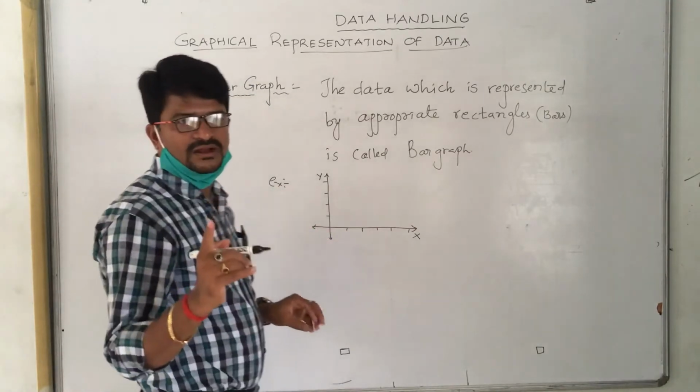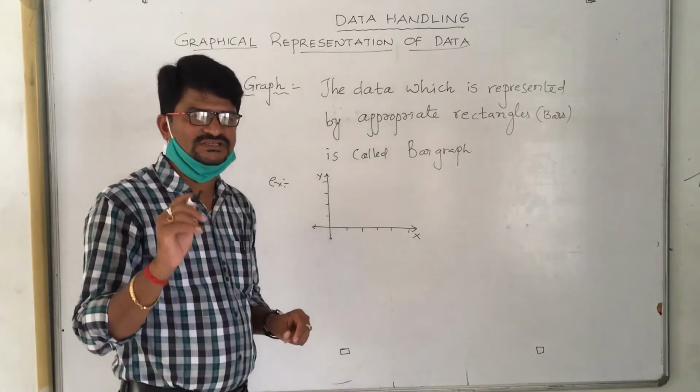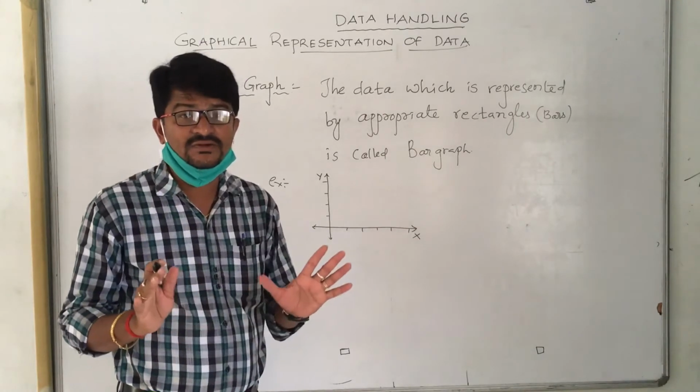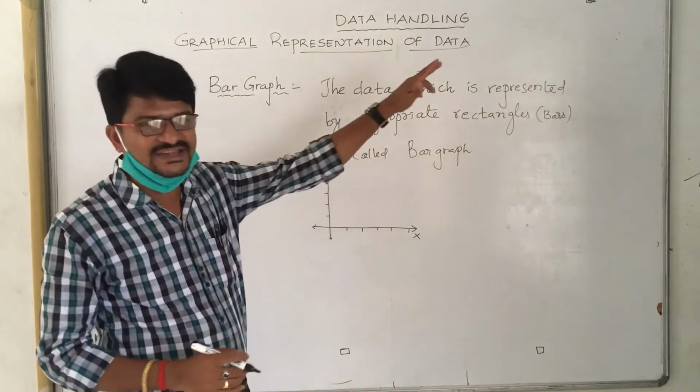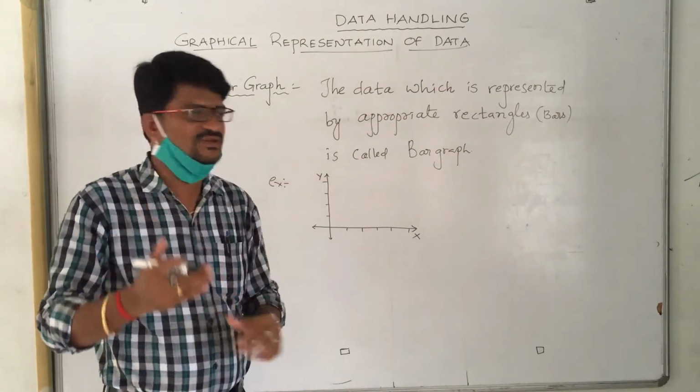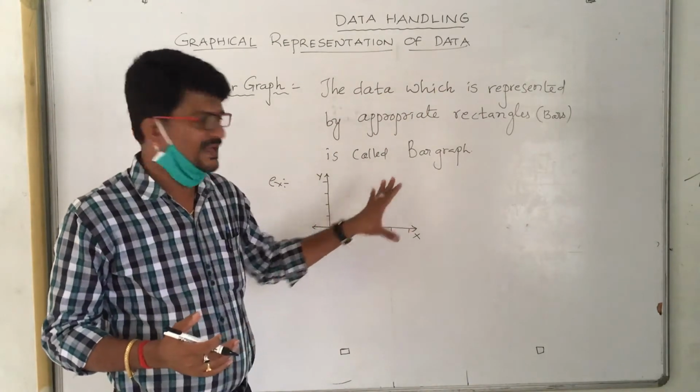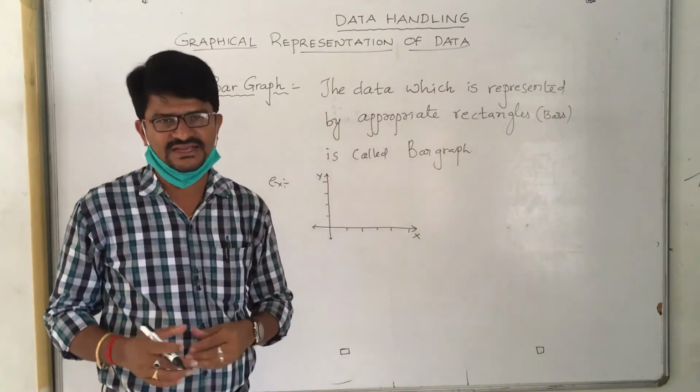While drawing a bar graph, I think most of you know that scale is the priority. Children, don't think that scale is a plastic or wooden scale. Scale means graphical scale, means what measurements we are taking on the graph paper, on the x-axis and y-axis, that is called scale. Okay.